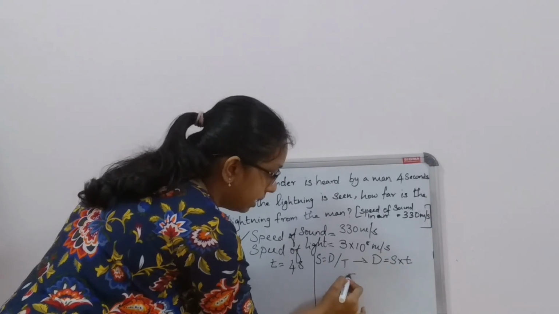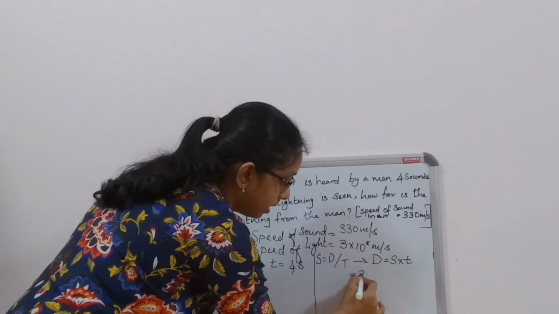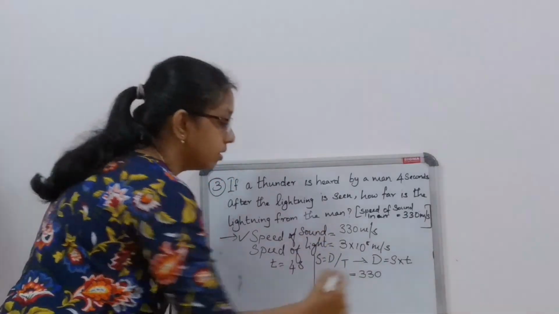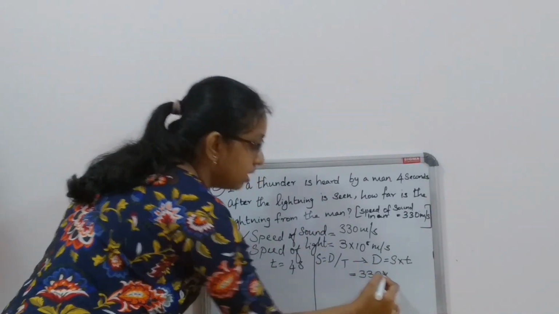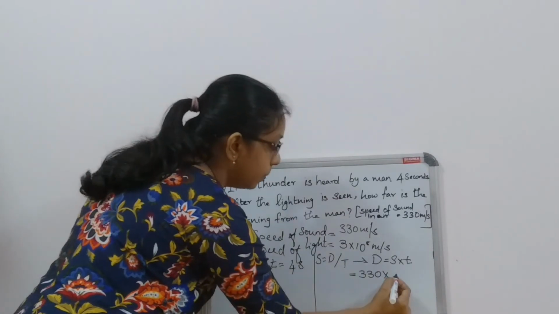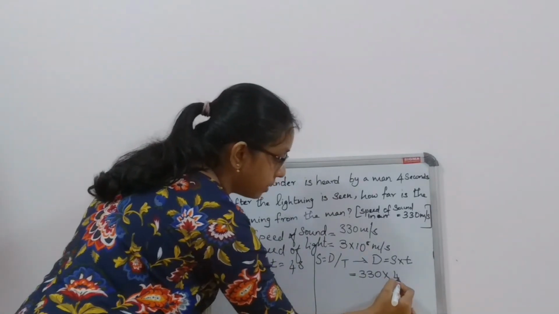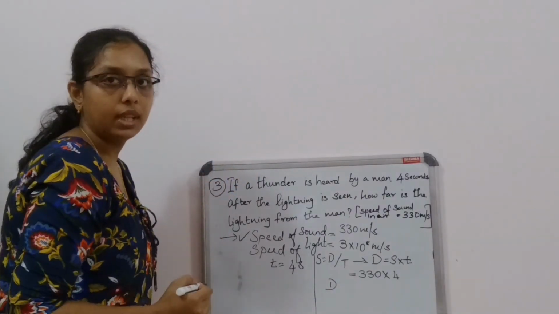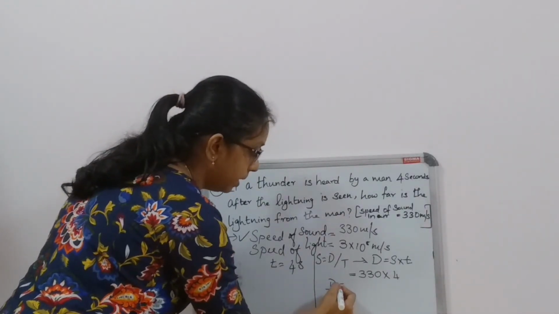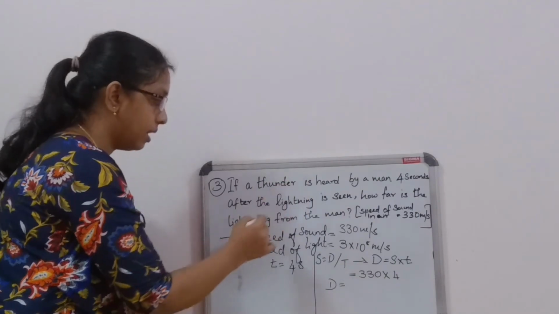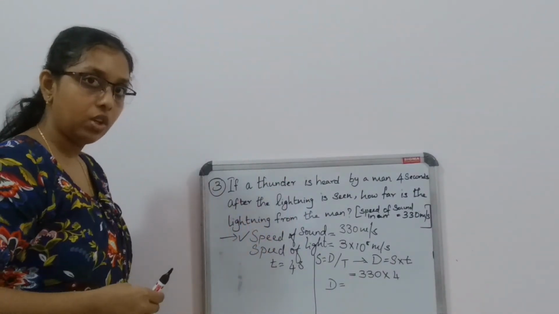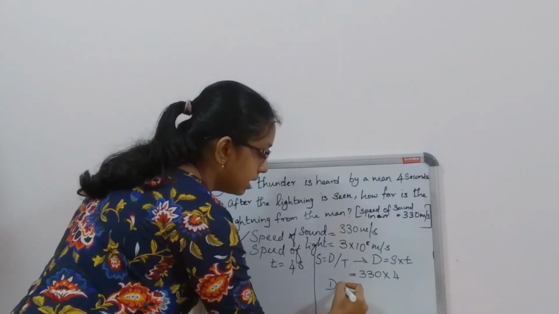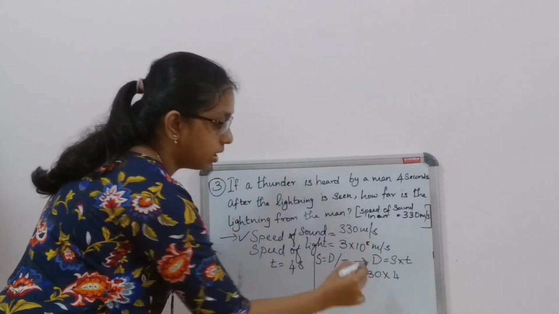What is the speed given here? 330. Directly you can substitute in the equation. 330 into time, which is given as 4 seconds. After calculating, the distance, that is the distance between the man standing on the ground and the lightning happening in the sky, d is equal to 330 into 4.